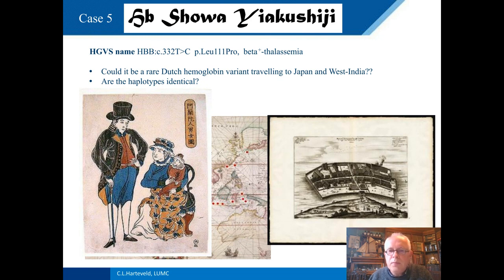And the haplotype of the Japanese hemoglobin Showa Yakushi mutation was determined. Now, I have to tell you that the Dutch were actually traders, and Japan in the 16th, 17th century was very closed. The emperor did not allow strangers on Japanese ground.